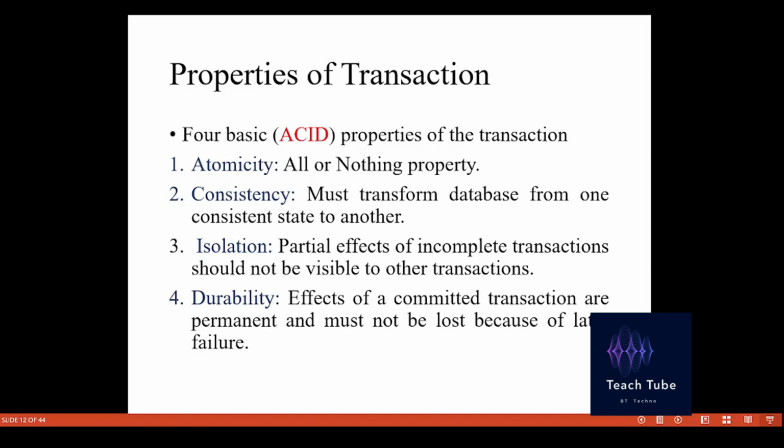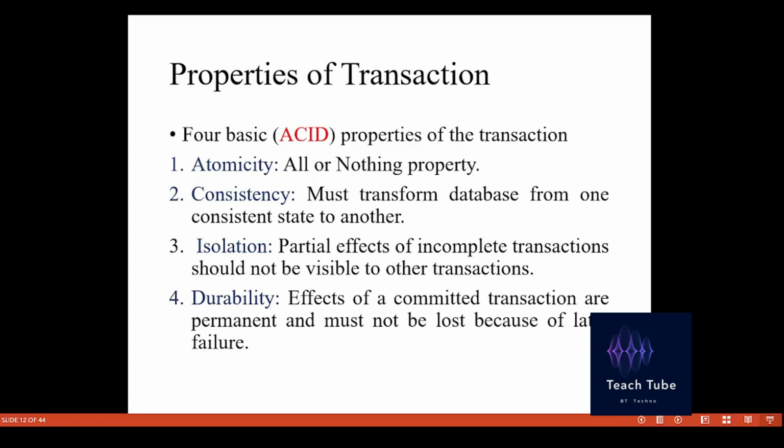This means that a transaction has only two options: either done, or never started or never done. The second property is consistency. It must transform data from one consistent state to another consistent state. If a transaction code is correct, then at the end of the execution the transaction must leave the database consistent. A transaction should transfer the database from one consistent state to another consistent state.